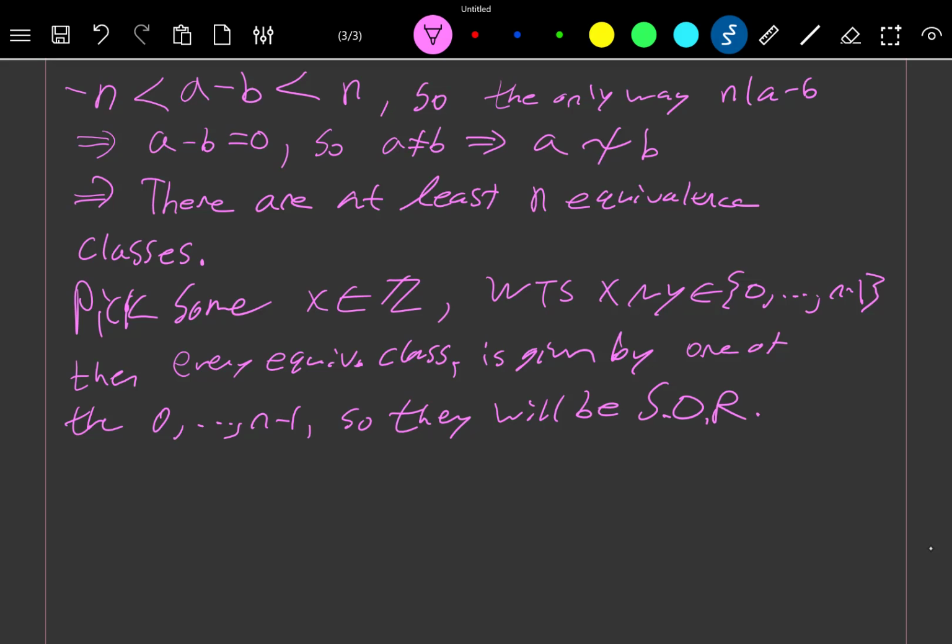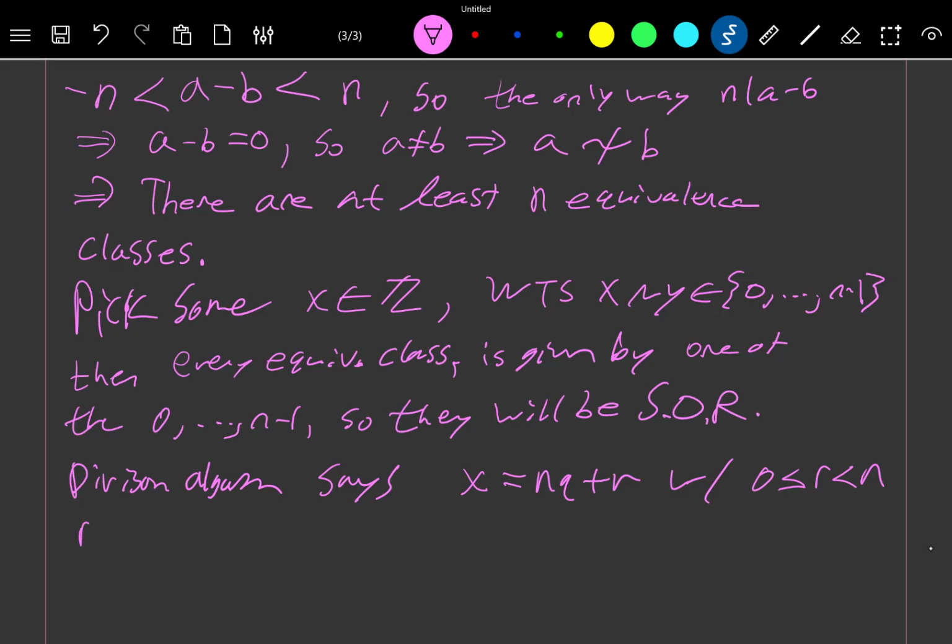To do this, we'll just use the division algorithm, and that says that x is nq plus r, with r between 0 and n. So r is in the set X, which was the set 0 to n minus 1.